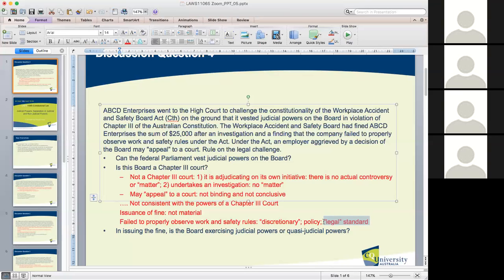And because the standard by which a decision is made is whether or not it's proper, which is not a legal standard, we can conclude that this board has been vested with non-judicial powers, and therefore it is not a Chapter 3 court. And because it is not a Chapter 3 court, it is permissible. This is an act that is constitutional, and the powers of that board are constitutional because it is not performing judicial powers.